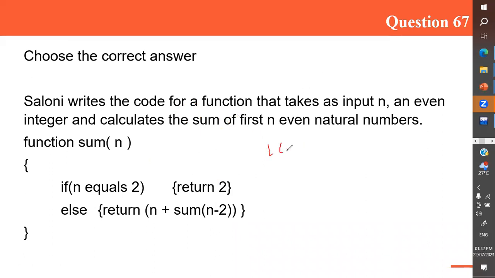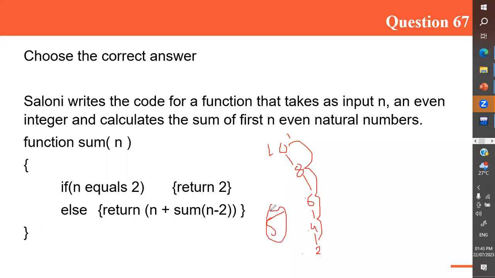So if I do 10, what is happening? 10 will call with 8. 8 will call with 6. 6 will call with 4. 4 will be called with 2. For 2, it will return. For 10, how many times are you getting? First one, second one, third one, fourth one, fifth one. 5 times you are calling for 10. If 10 is input, you are calling 5 times.